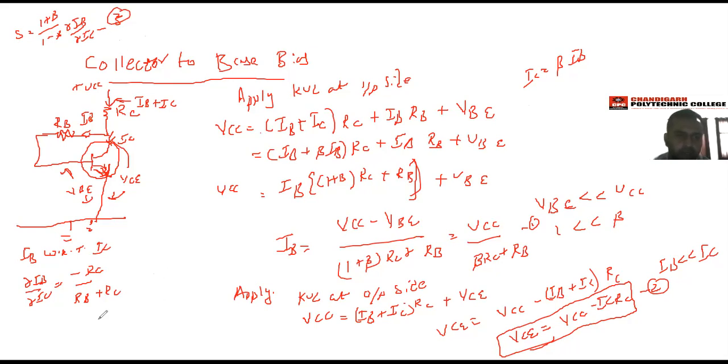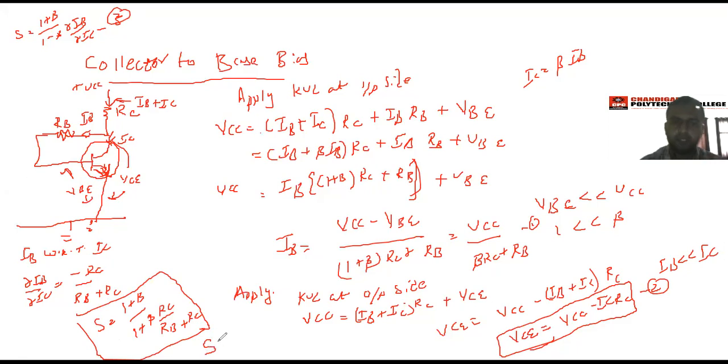So the value of S is equal to 1 plus beta upon 1 plus beta RC upon RB plus RC. This is the value of S. So in this equation, we will discuss that in collector to base biasing, the value of S is always less than 1 plus beta.